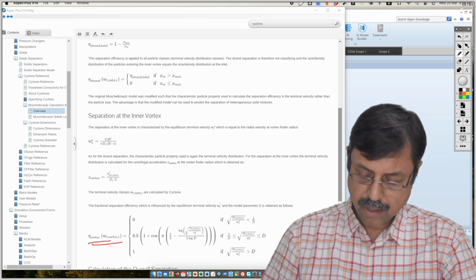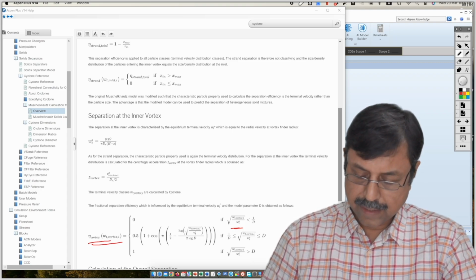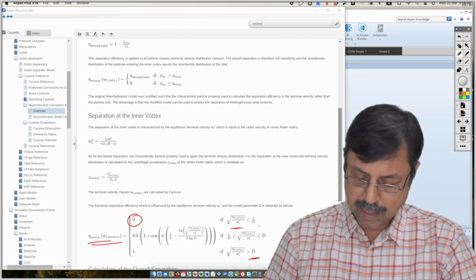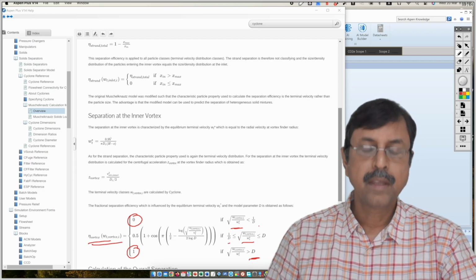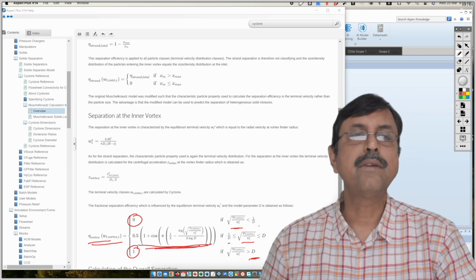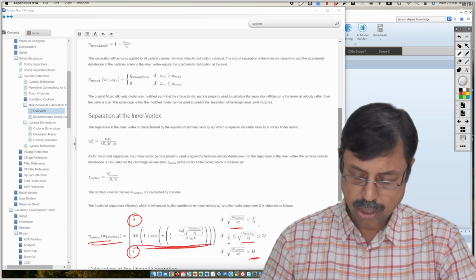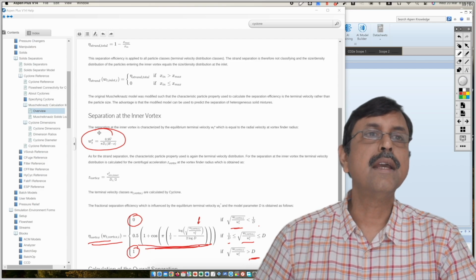Now we have a factor of this nature. Now, if this factor is less than 1 by d, the vortex efficiency is 0. If it is greater than d, vortex efficiency is 1. And if this is within this limit, 1 by d to d, then we calculate it on the basis of this equation, where we find Wt vortex, and the Wt vortex is over here.